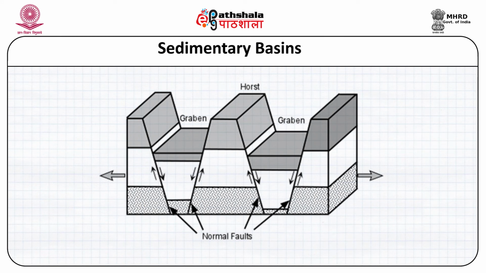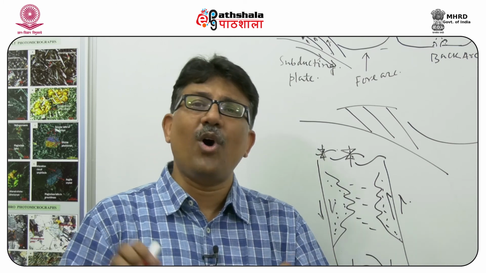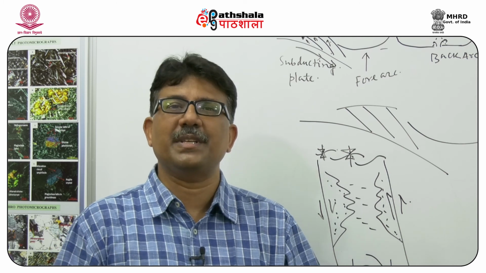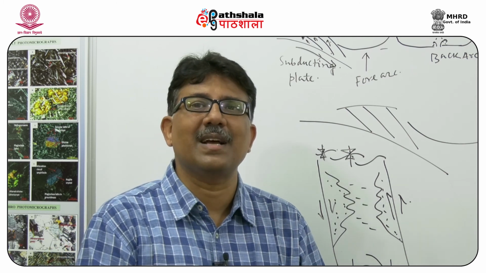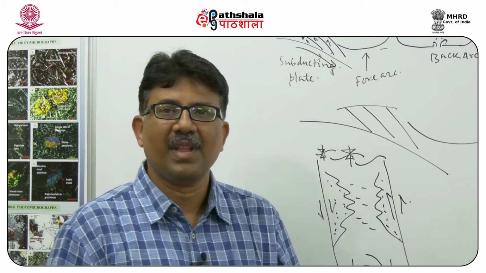Depending on that, some basins may be ever growing, some basins may be shrinking, and all this depends on what kind of plate tectonic setting is demarcating that basin. As we have already discussed, the Atlantic is an ever growing basin, the Pacific is an ever shrinking basin.